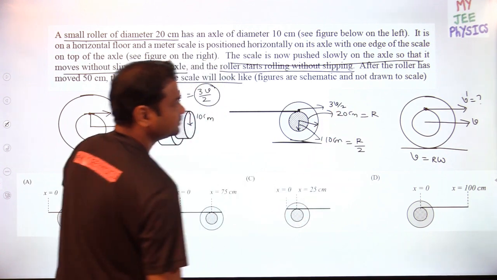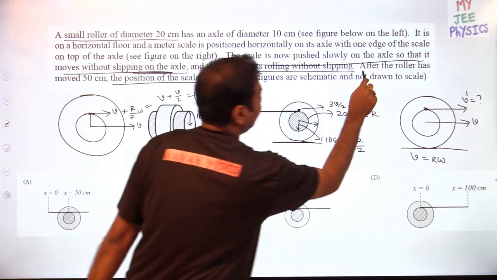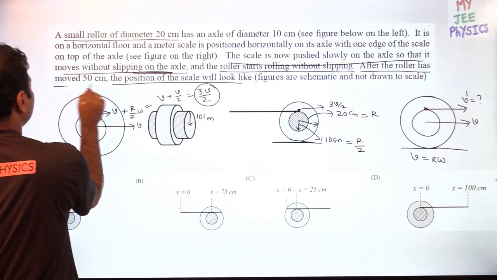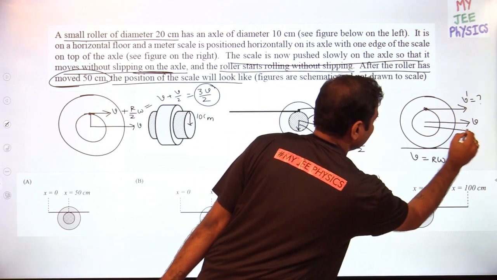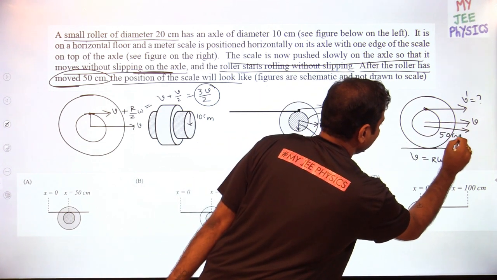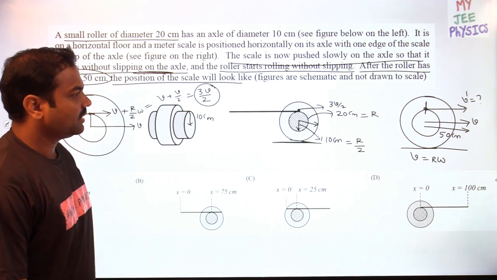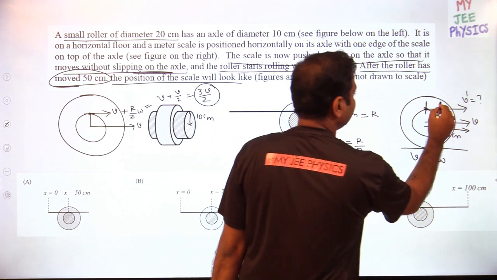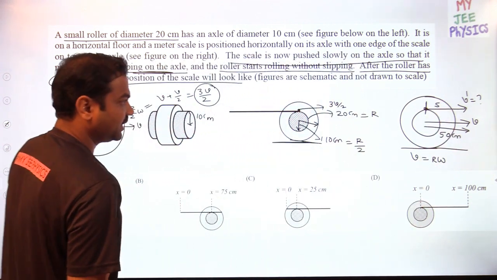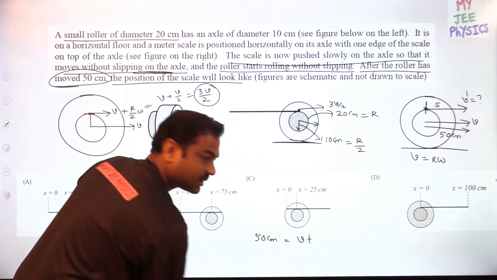Then the distance traveled by the center after the roller has moved 50 centimeter, that means 50 centimeter is the center displacement. Then what is the displacement of the scale point? It is very easy to identify. 50 centimeter is equal to v into t, am I right?